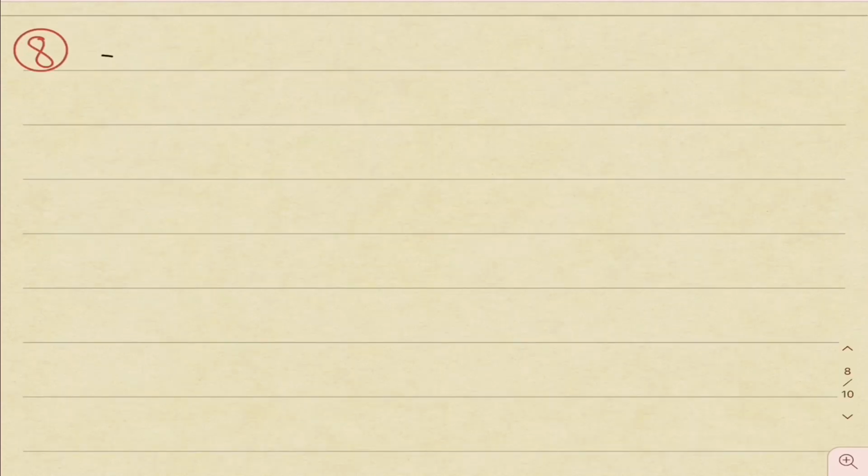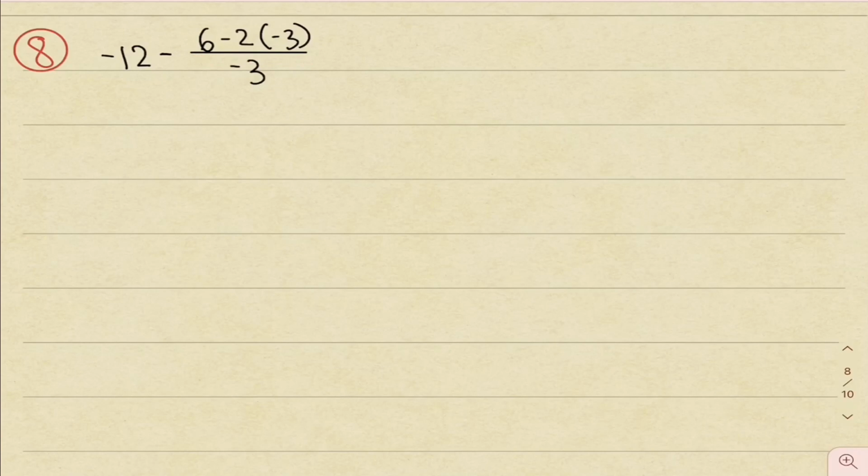Now let's say I have negative 12 minus (6 minus 2 times negative 3) over negative 3. Like I mentioned in the beginning of the video, anytime you have a division line, a fraction, don't forget the top always has parentheses and the bottom as well.